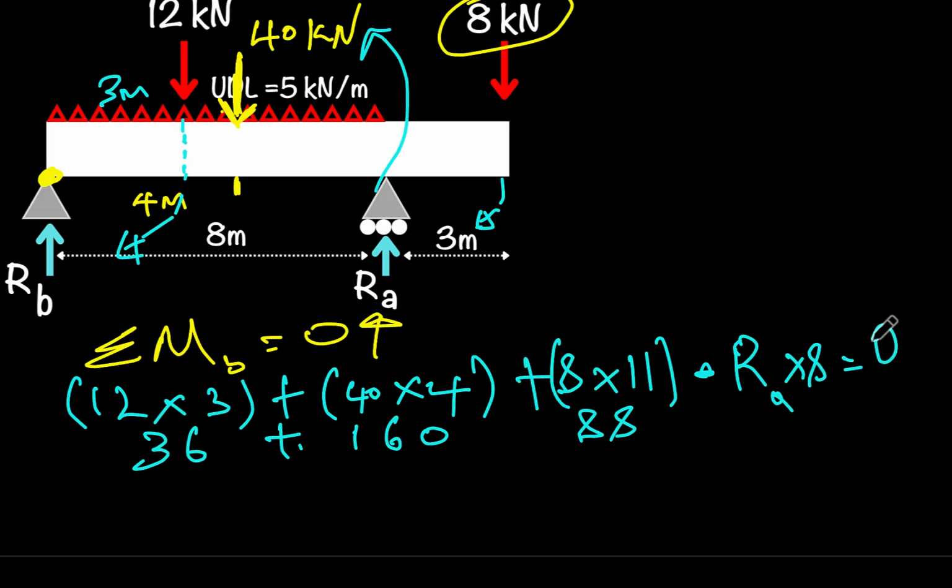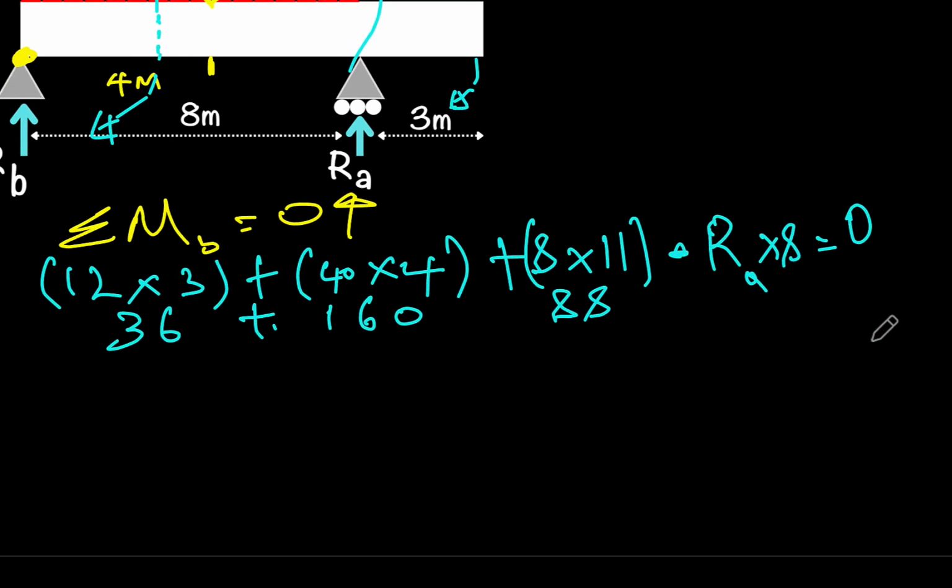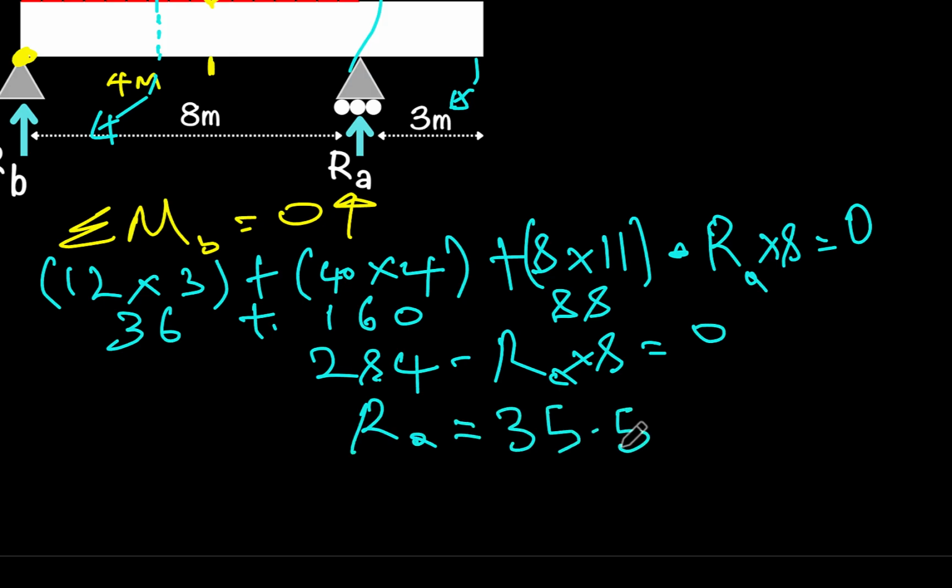So we just have an equation here now to solve. If we do 36 plus 160 plus 88, that's going to give us 284. Take away RA times 8 equals 0. So we get 35.5 kilonewtons for RA.